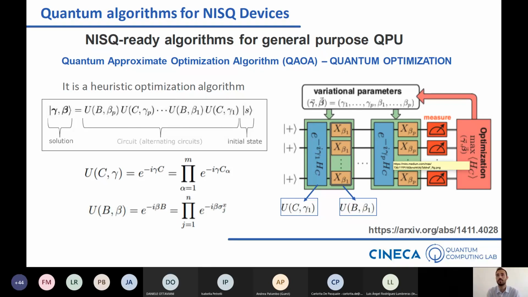But of course, you cannot place an infinite number of layers, so you are not guaranteed to have convergence to the optimal, but the more layers you introduce, the better. For the other methods, there's no guarantee of convergence towards the global optimum. So yeah, it's like in a classical case.